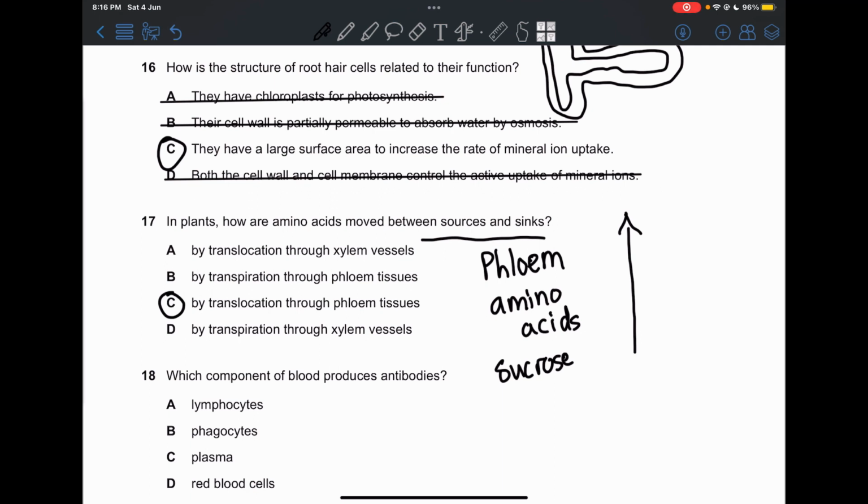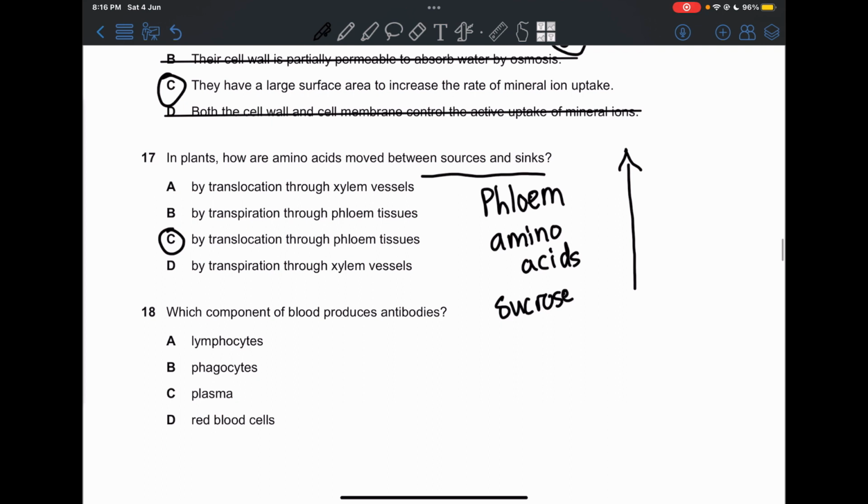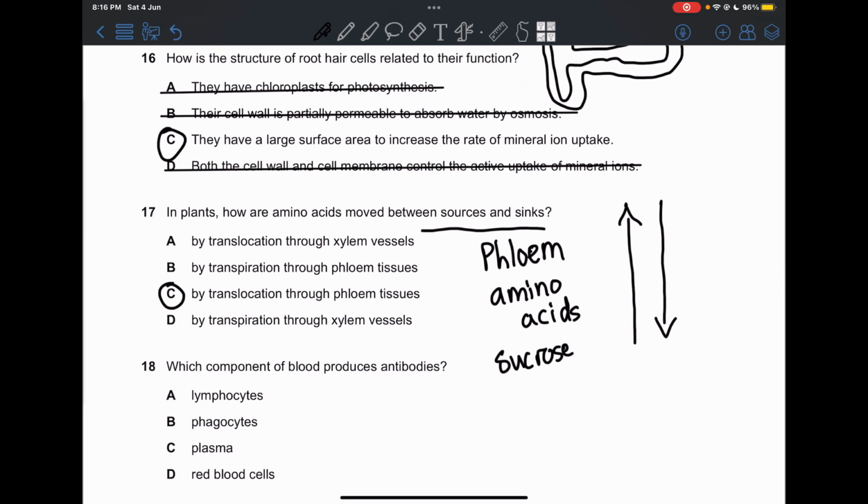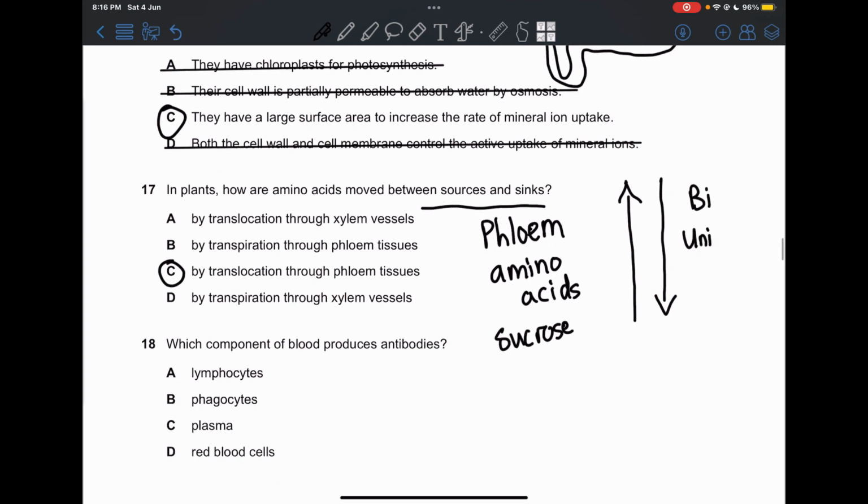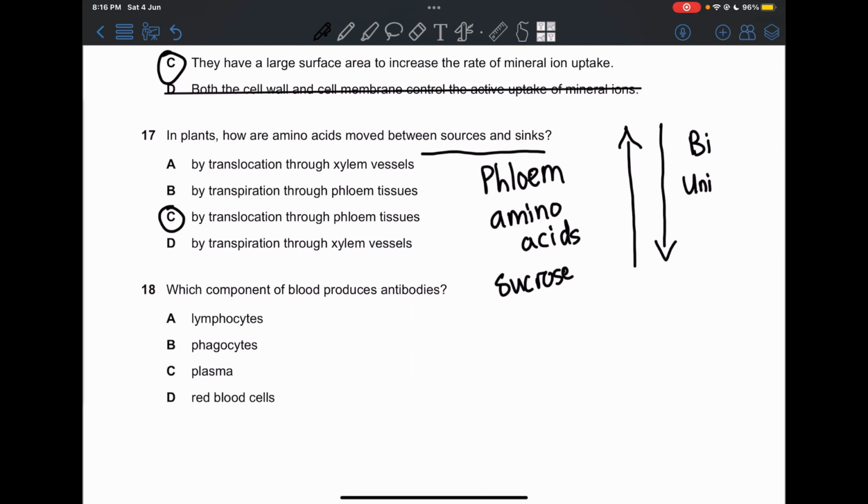Now, the phloem, on the other hand, can move upwards into the source and downwards into the sink over here. So it can both move upwards and downwards, which means it is bidirectional, and uni means it moves in just one direction. This is an important thing you need to note down.